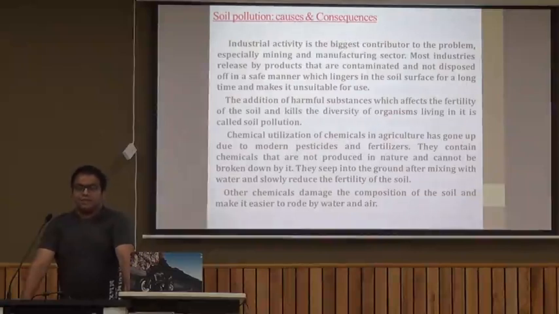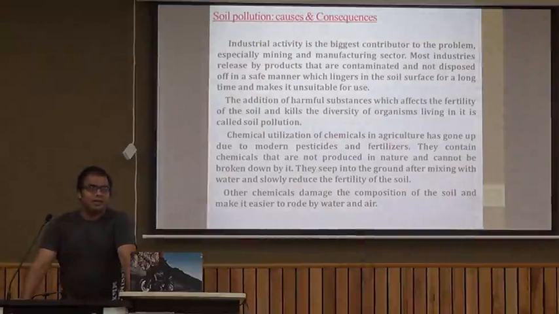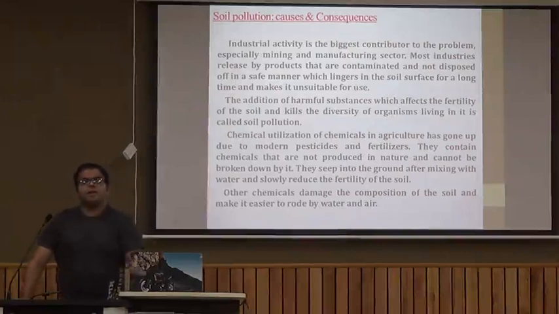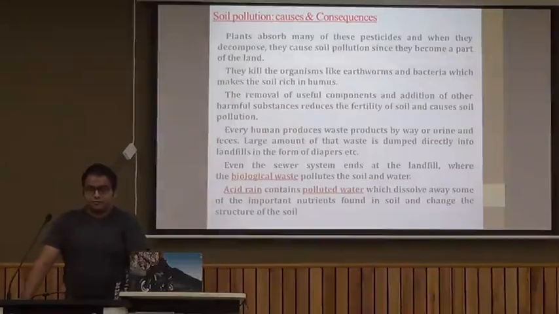The chemicals used in agriculture remain inside the soil even after the crop is removed, and these pesticides kill the various organisms, various bacteria, small animals which are normally present in soil, and as a result decrease its quality. There are many other chemicals also which cause damage to soil and thereby deteriorate its composition.